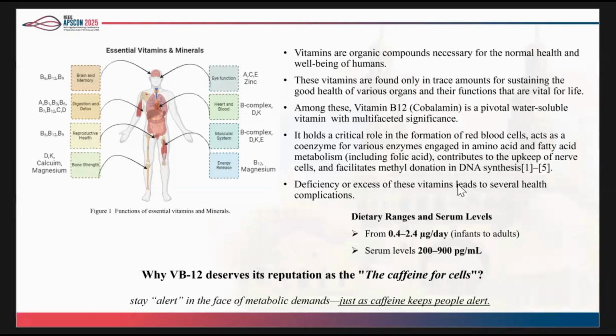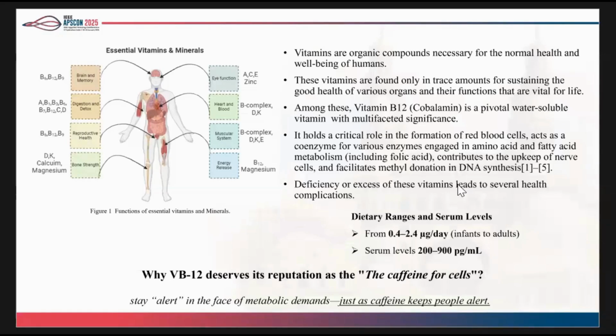So our main focus of interest is vitamin B12, which is called cobalamin. It is a water soluble vitamin, and it plays a vital role in many mechanisms, as well as in the formation of red blood cells and many synthesis processes.